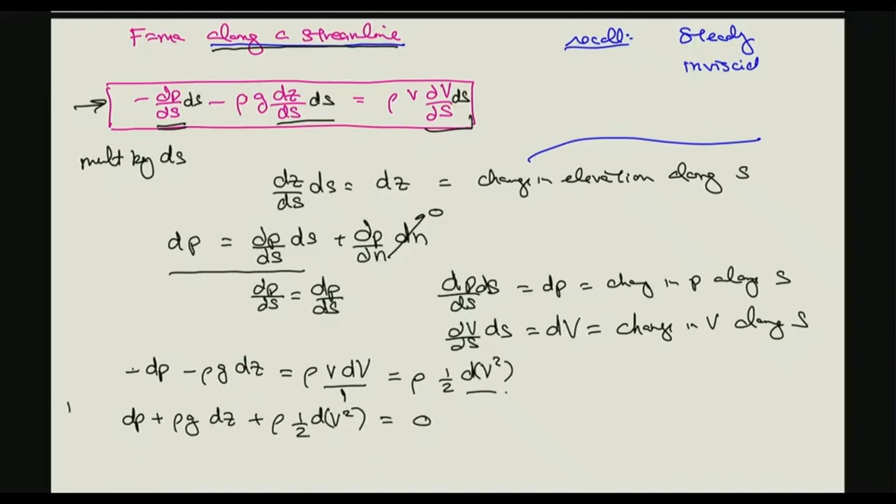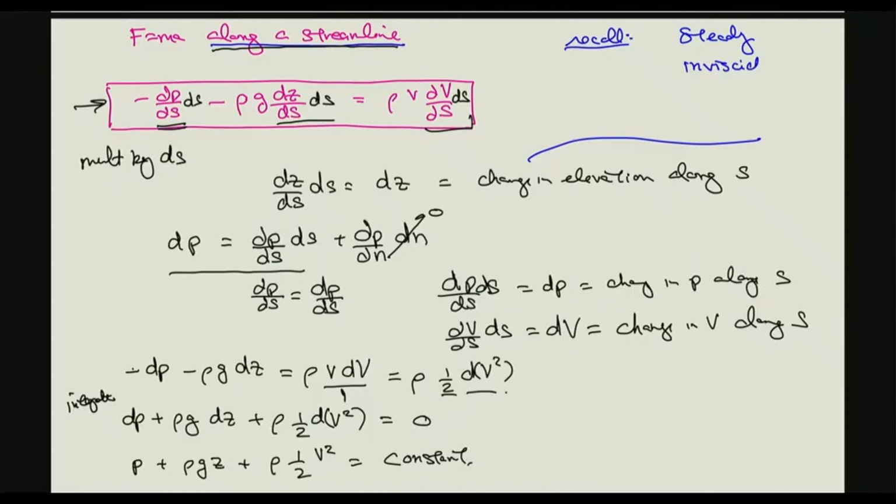And then if we integrate, we would get p plus rho gz plus rho v squared over 2. If we can just pull this 1/2 in there, so 1/2 v squared, and then the constant of integration.